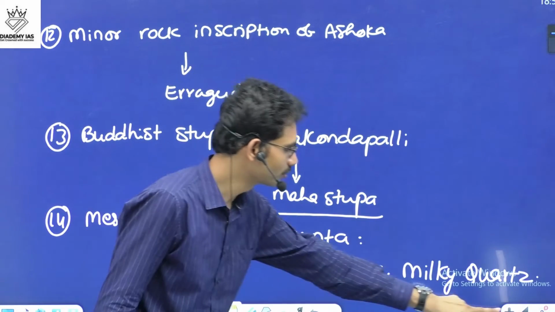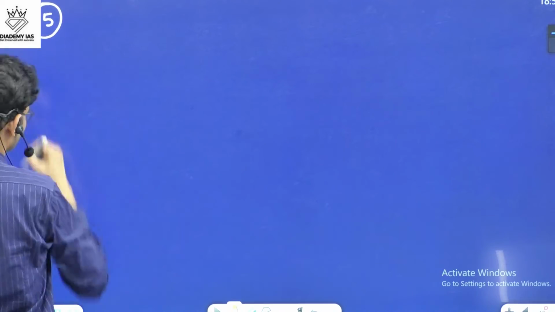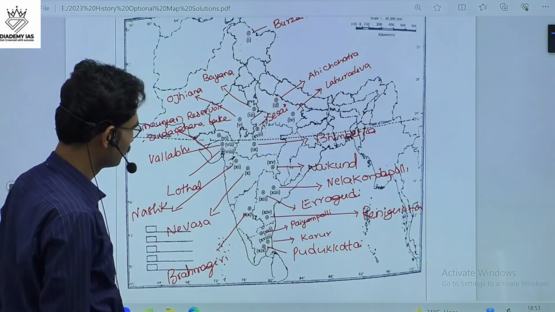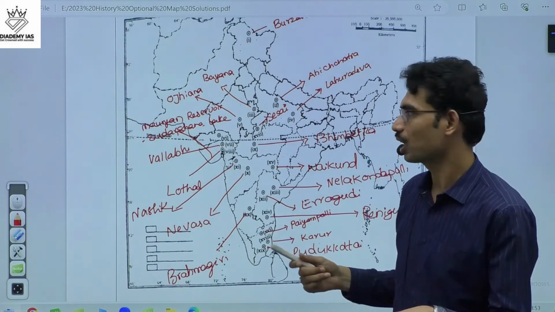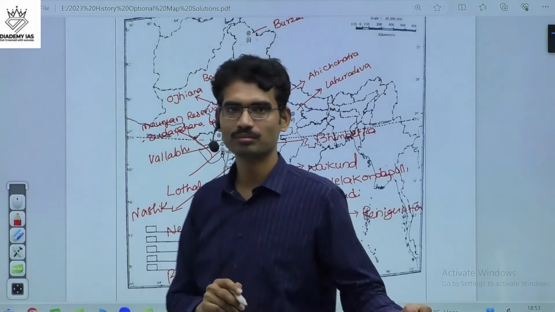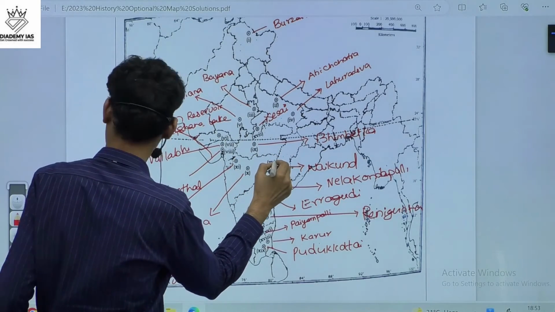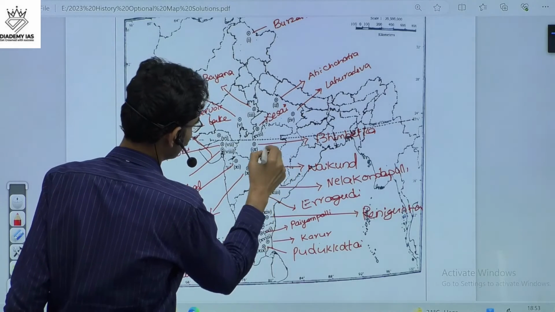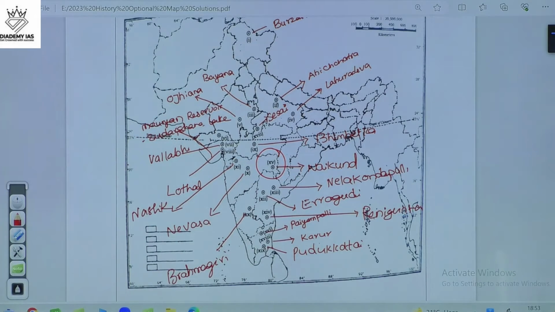Next, the 15th. What is the 15th here? The 15th is the iron smelting workshop. You can see here in Maharashtra, near Nagpur.